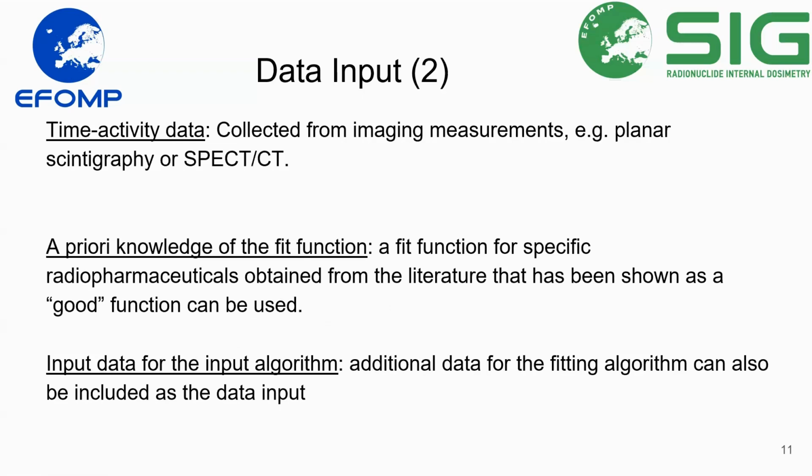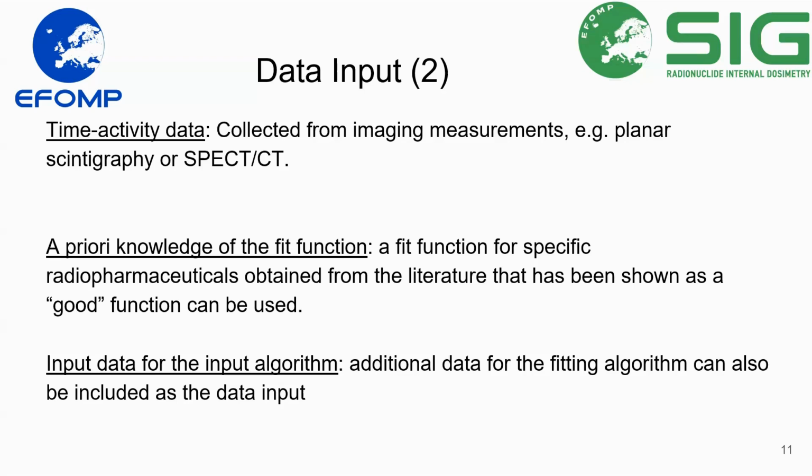The next one is the time activity data. Of course, this is important for the fitting; this is the data that we would like to fit. These data are collected from imaging measurements, for example planar scintigraphy or SPECT/CT. A prior knowledge of the fit function would also be nice to have, for example a fit function for specific radiopharmaceuticals obtained from the literature that has been shown to be a good function.